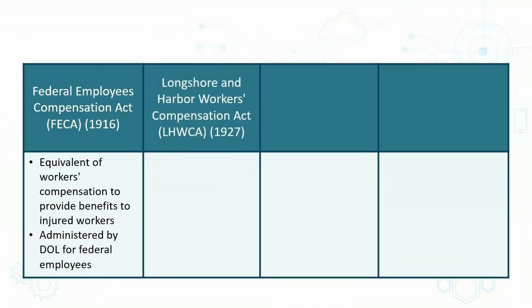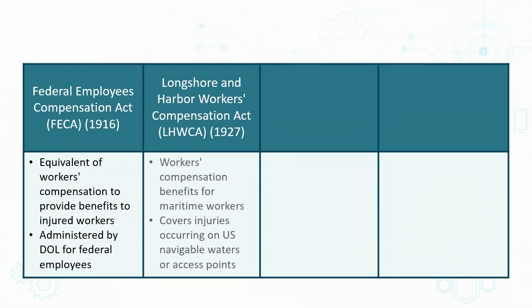Longshore and Harbor Workers' Compensation Act of 1927. The mission of the Act is to minimize the impact of land-based marine employment injuries and deaths on injured employees and their families by ensuring that workers' compensation benefits are provided promptly and properly under the laws that apply.